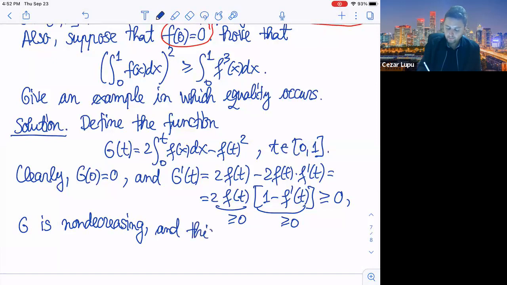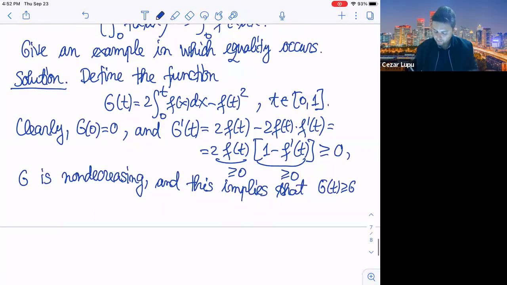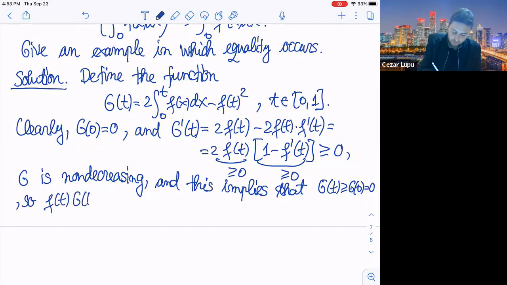This implies that g of t is greater or equal than g of 0, which is 0. So g of t is non-negative, and f of t times g of t is non-negative for all t in [0, 1].